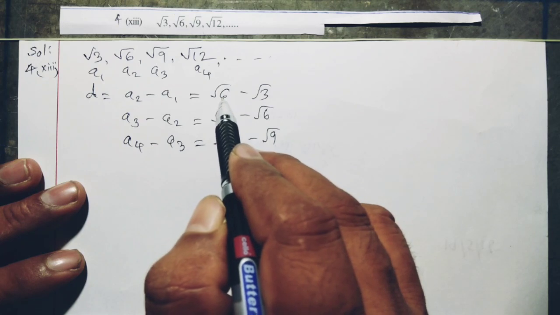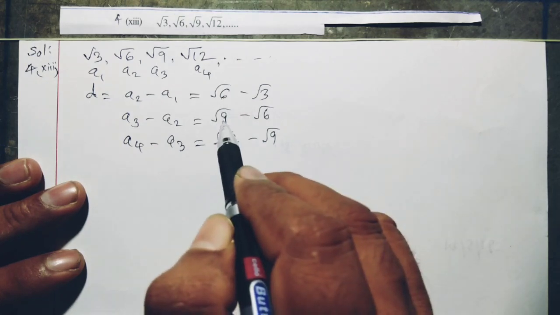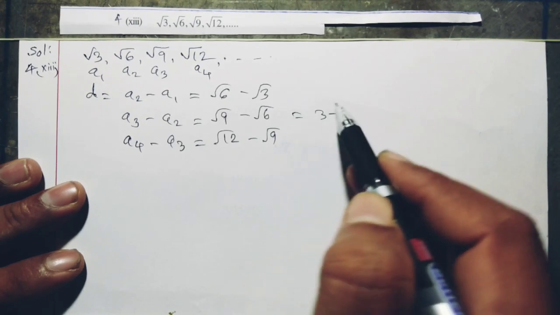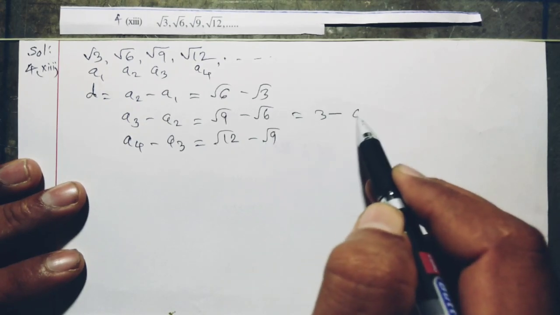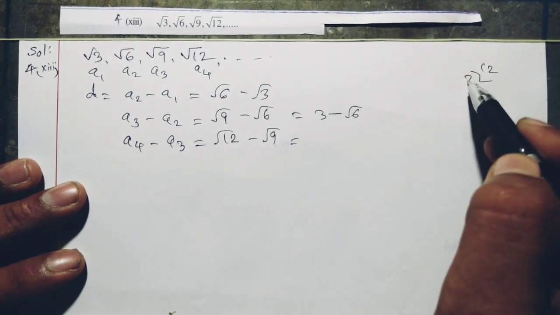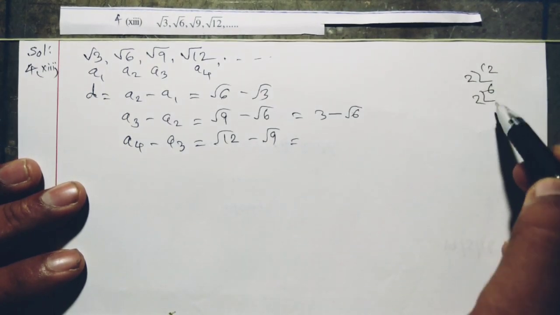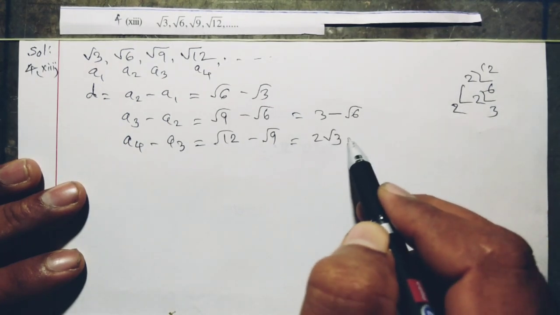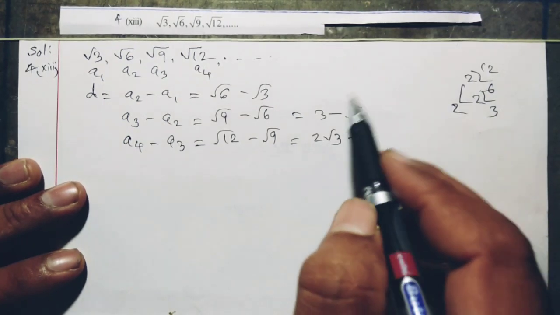Root 9 is 3, root 6 stays as it is, and for 12 we can write 2 6s are 12, so root 12 is 2 root 3.